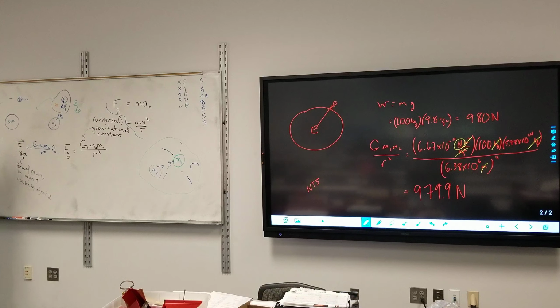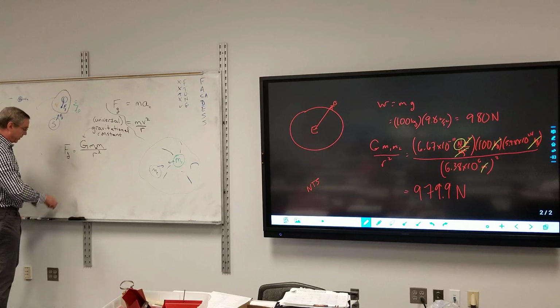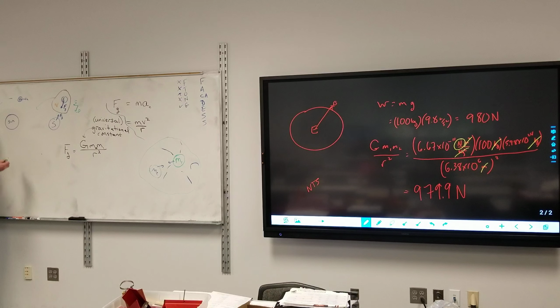Actually, in terms of what little g is, similar to what we had over there, the force due to gravity, G times mass 1, mass 2 over the distance squared, is equal to m1 g. I mean, that would be the formula right there. This would be the mass of the central object.